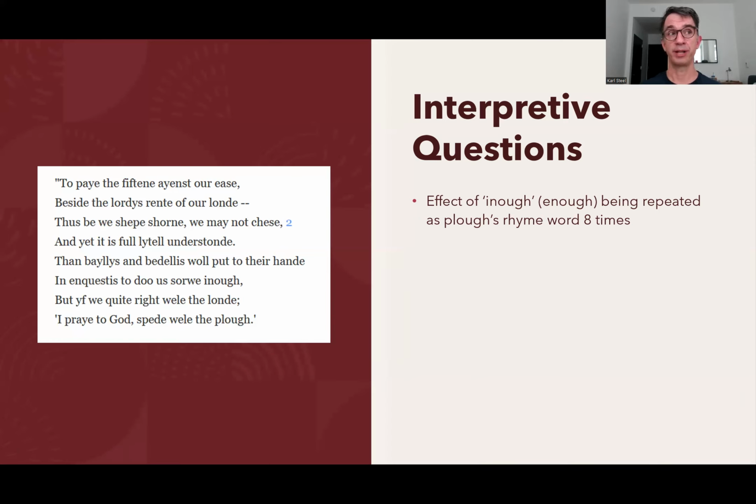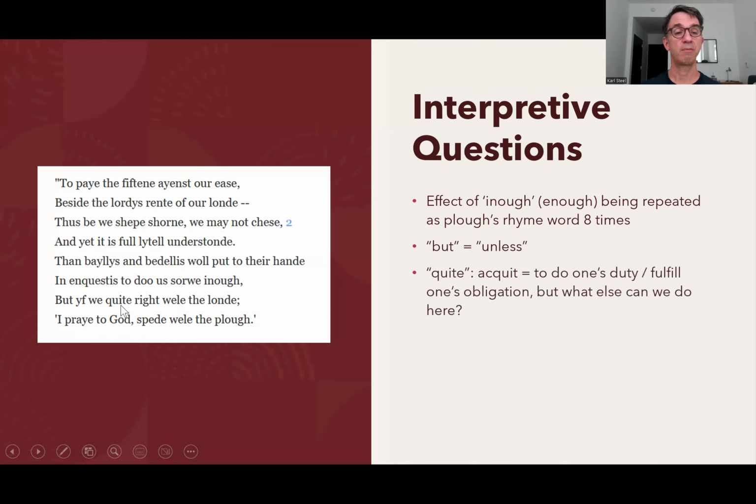If you're familiar with the Middle English poem Pearl, I'm going to bring in some examples from that to show you some ways that this rhyming word "enough" is used in Middle English literature. This word "but," by the way, you would probably translate as "unless we acquit ourselves very well in terms of the land," is one way to translate that.